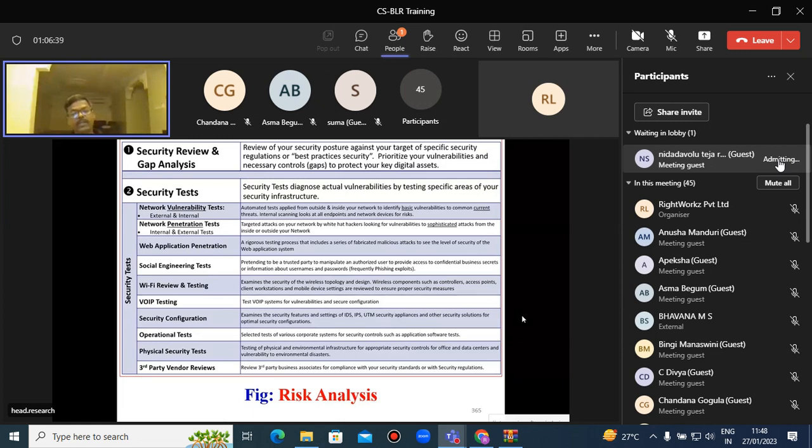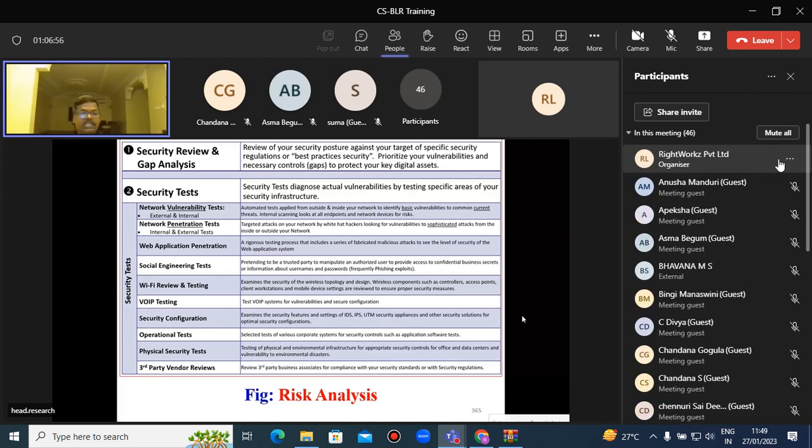Then VoIP testing, voice over internet protocol testing, and how the voice is coming, whether it is low voice, high, etc. Then security configuration, operational test, physical security test, third party vendor reviews. So these are the security tests we are performing.